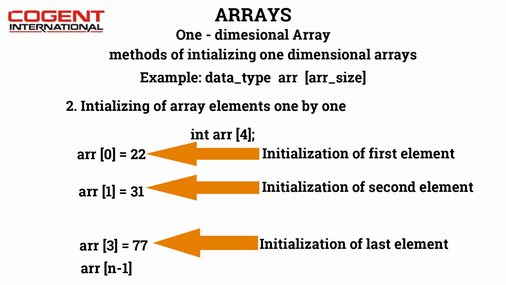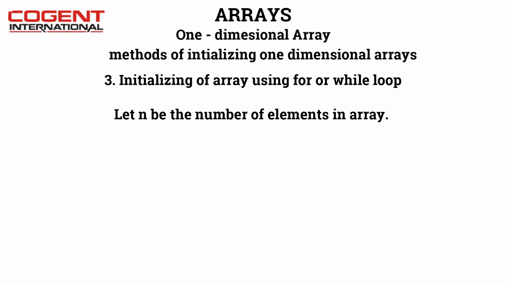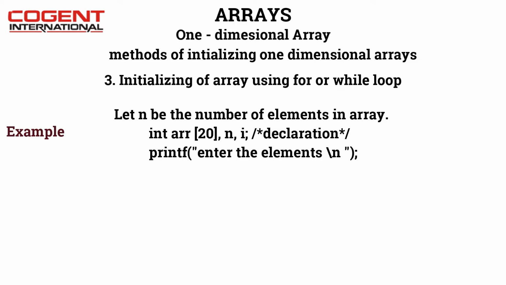Next type, initialization of an array using a for or while loop. Let n be the number of elements in the array. Consider an example: int array[20], n, i; printf, enter the number of elements, that is n.